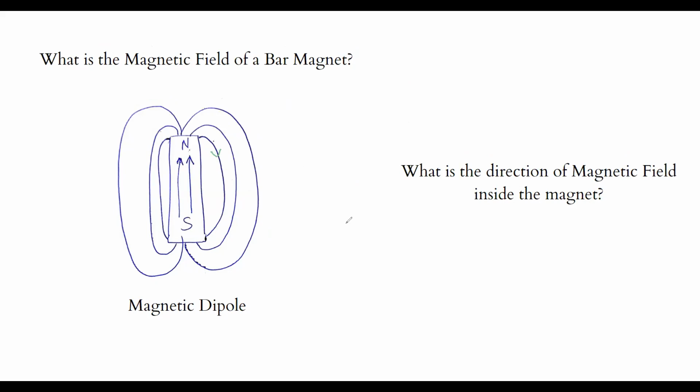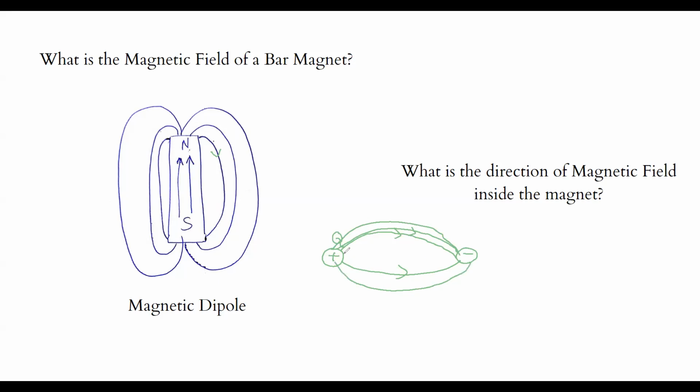So this is different from the electric field lines. With electric field lines, we had the positive charges, and the positive charges were ending at the negative charges. So we had the electric field lines starting from the positive charge and ending at the negative charge, like this.